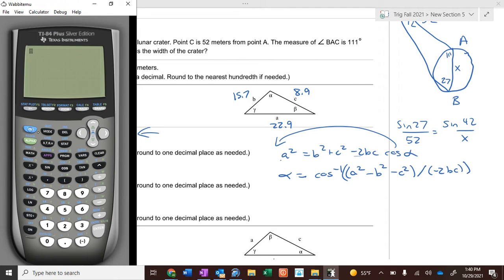So I'm going to do the inverse cosine of 22.9 squared minus 15.7 squared minus 8.9 squared, parenthesis divided by parenthesis negative 2, and then b is 15.7, c is 8.9.